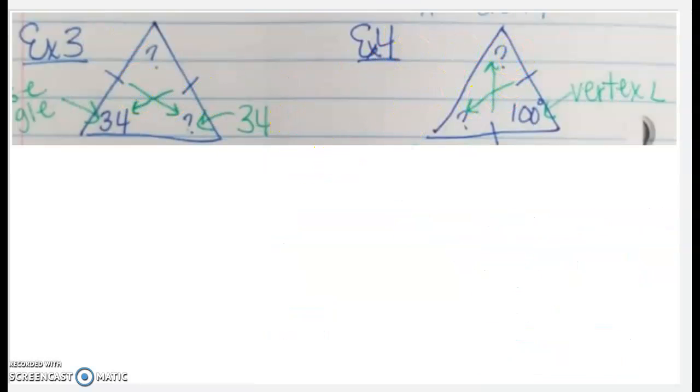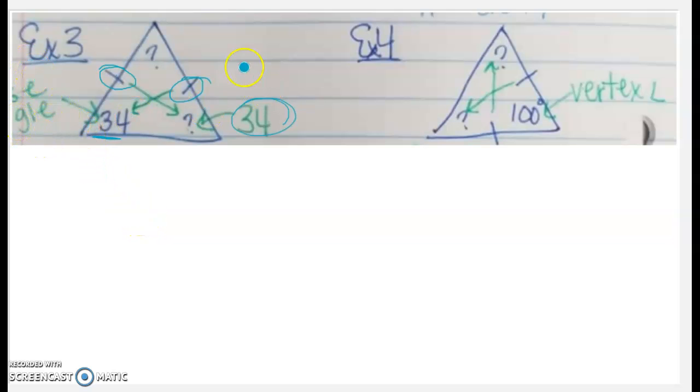Okay, so here's working with the isosceles triangle, and I can tell that because my sides are marked congruent. So based on that theorem, if my sides are marked congruent, then my angles across those sides are congruent. So if this angle is 34, then this one also has to be 34.